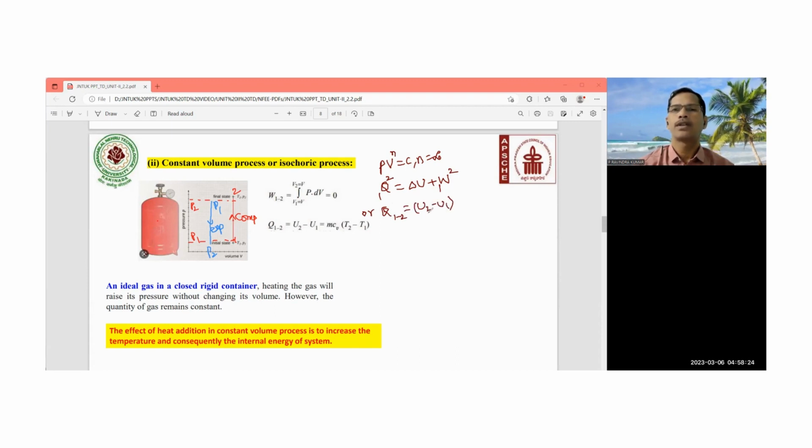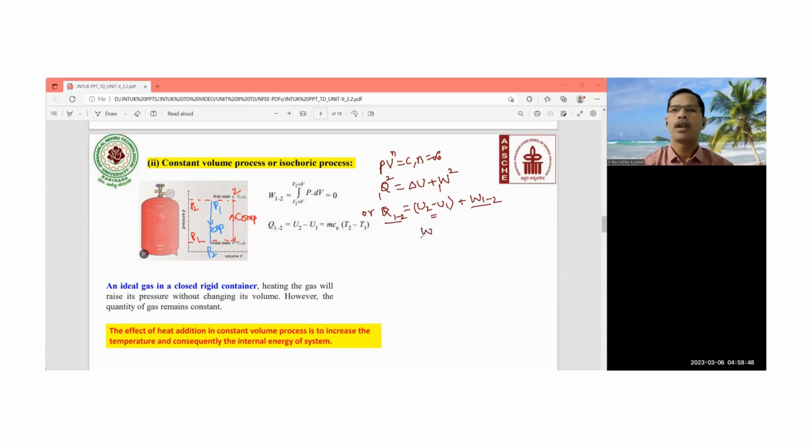Heat and work are path functions, meaning heat transfer and work transfer occur at the boundary and depend on the path of the system, whereas internal energy is a point function that depends only on the initial and final states of the system.